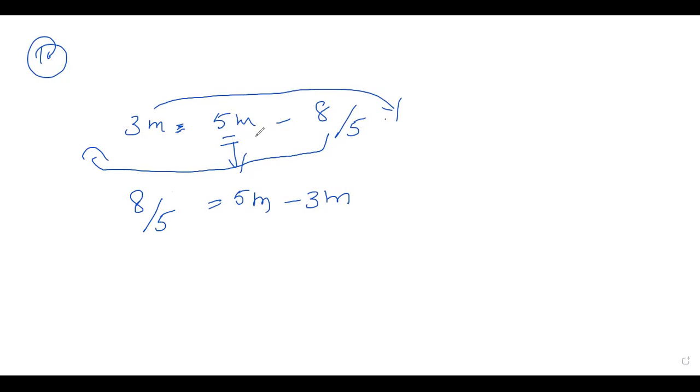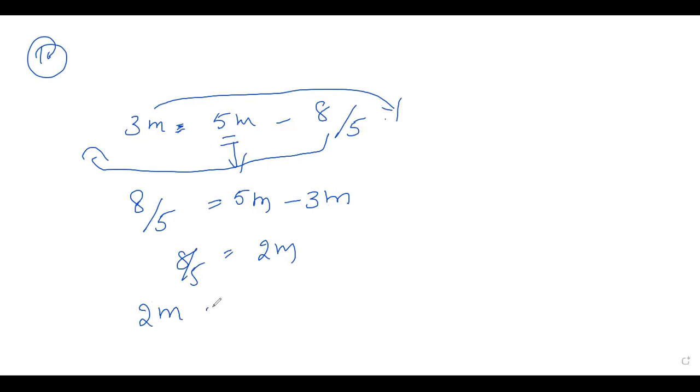Okay, I haven't done anything different. Generally we shift to the left side first. Here 5m is the bigger number, so I have written it as it is on the right. I have shifted 3m, it becomes minus 3m, and it becomes plus 8 by 5. 5m minus 3m, that is 2m.